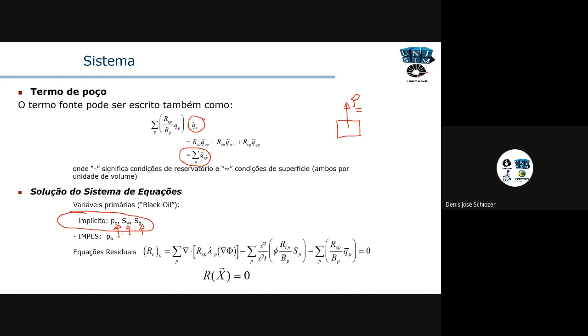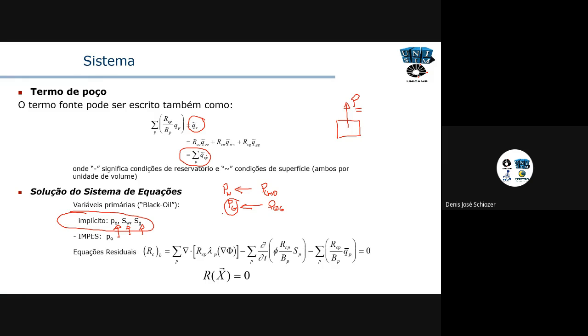Once we solve for these 3 variables, we can get the water pressure, for example, because we know the capillary pressure from water-oil. If we know the oil pressure, we can calculate the water pressure. The gas pressure we calculate from the oil-gas capillary pressure. If we know the capillary pressure and the oil pressure, we can calculate the gas pressure.